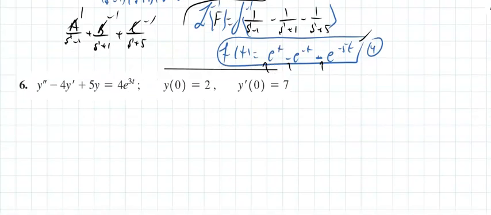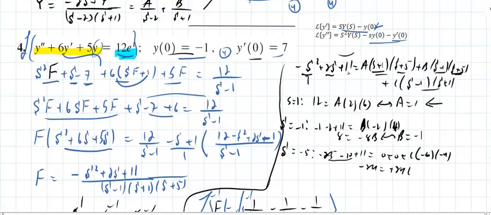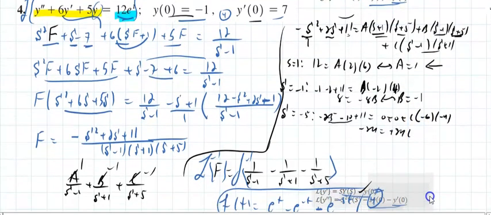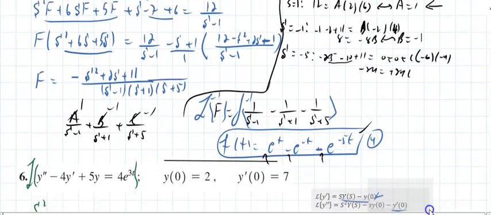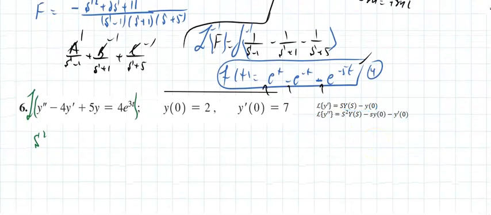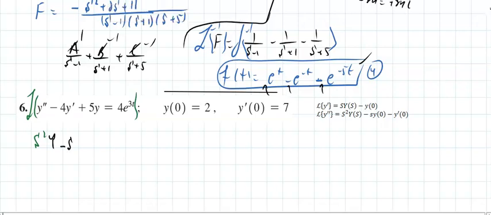So number 6, the same deal. If I apply the Laplace, this would be s squared. So let me move that down again so we can see it. And here we are. So again, s squared times capital Y, minus s times 2 minus 7 minus 4.